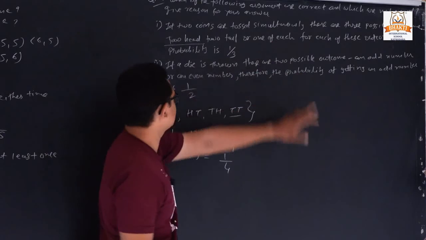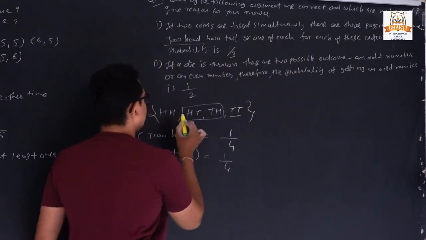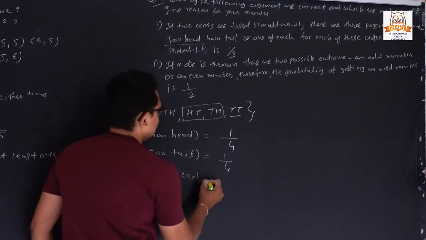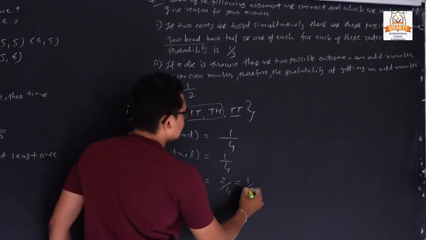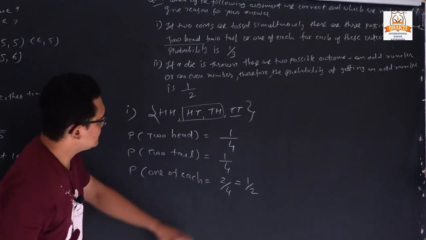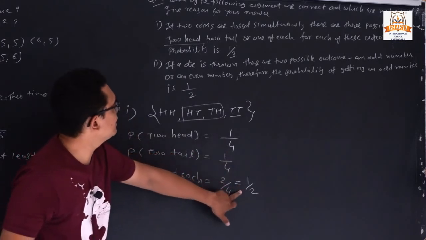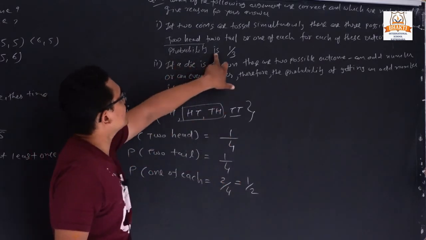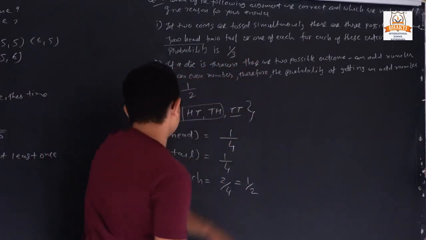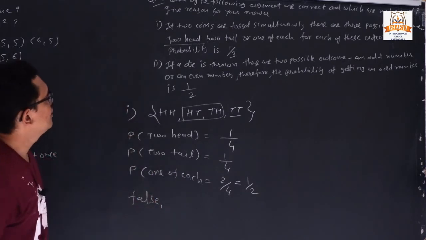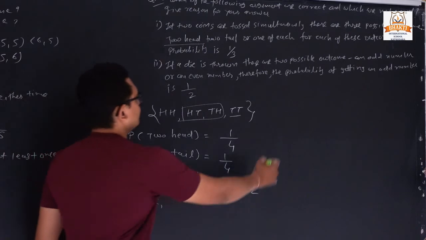Or 1 of each: how many events are those? It is 2 by 4, so the answer is 1 by 2. So each time we get the answer either 1 by 4, 1 by 4 or 1 by 2, but we cannot get the answer 1 by 3. So it is false. Clear? This statement is false.